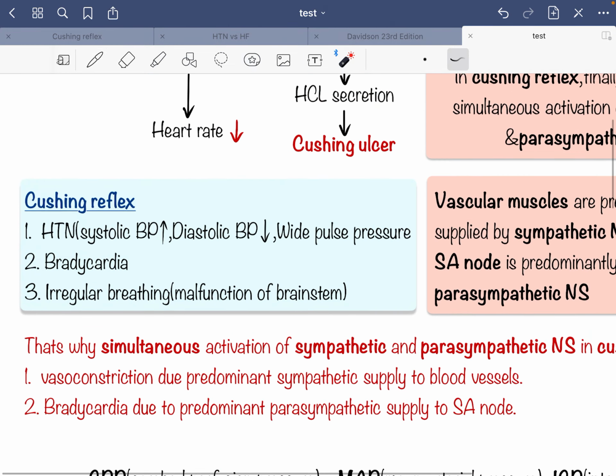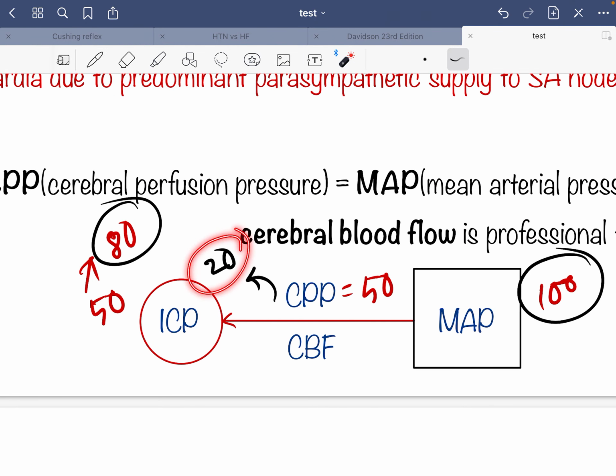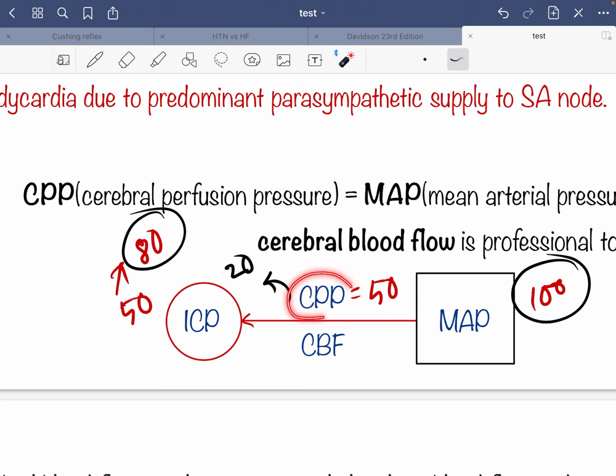Whenever the cerebral perfusion pressure decreases due to the increment of intracranial pressure, as I have already mentioned, the cerebral perfusion pressure is proportional to cerebral blood flow. As there is decreased cerebral perfusion pressure, there will be decreased cerebral blood flow.